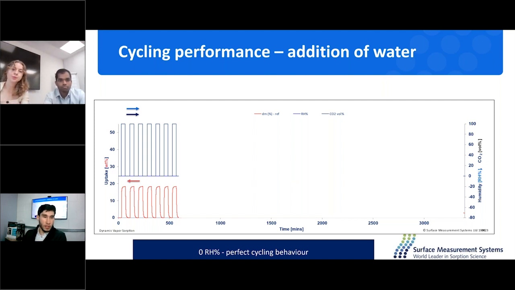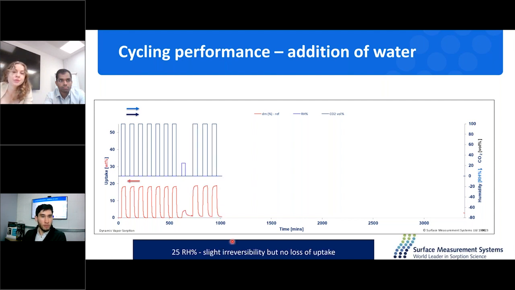With 0% relative humidity, as we've seen before, it's perfectly reversible in 7 cycles here. We then introduce 25% humidity over here, and we see almost no impact, maybe a slight loss of uptake at the regeneration, but overall total uptake stays the same.